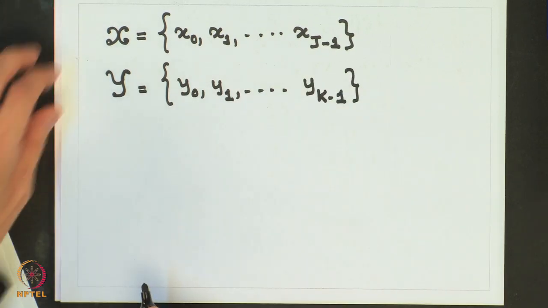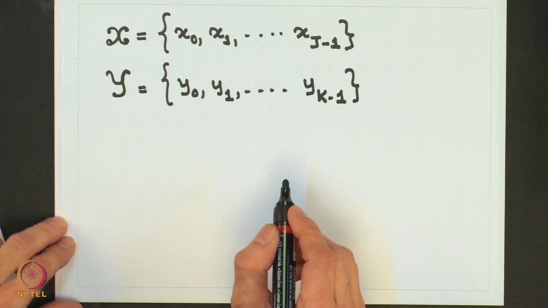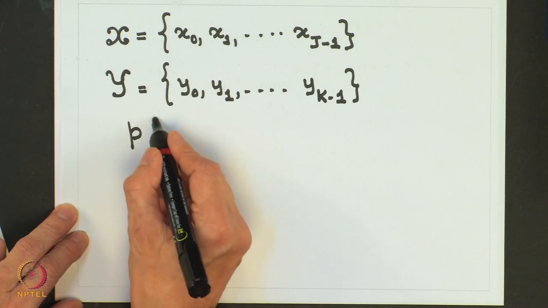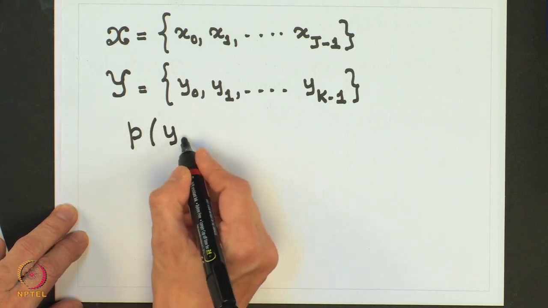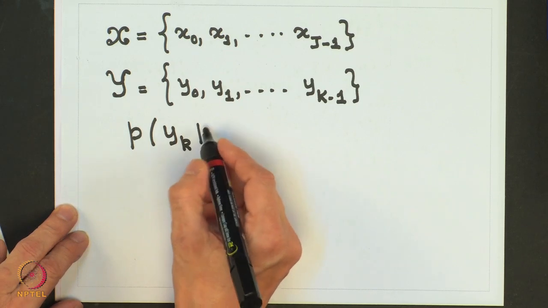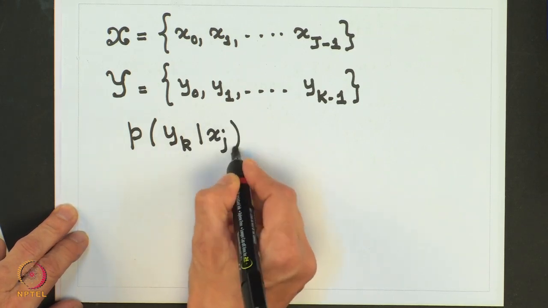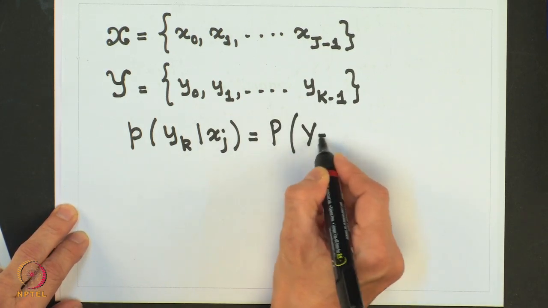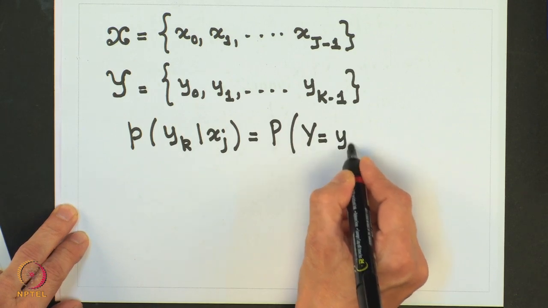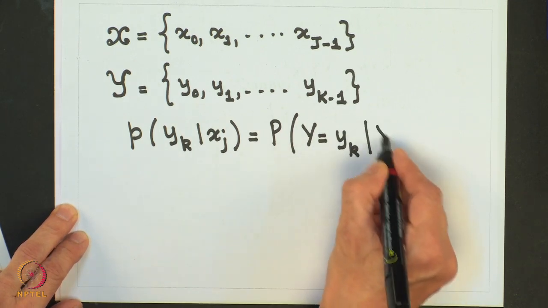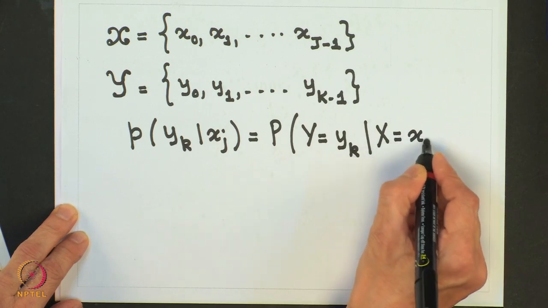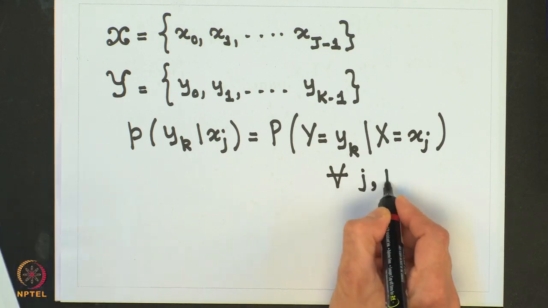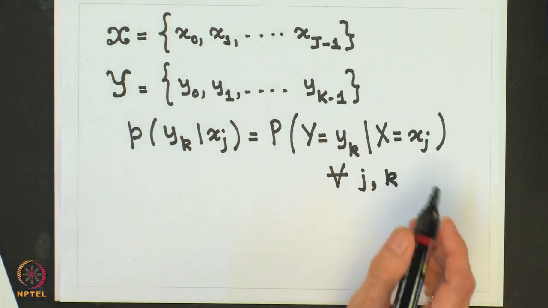So, the cardinality of the output alphabet is K, and we have the set of transition probabilities P(yk given xj), which is nothing but the probability of the output symbol being equal to yk given the input symbol is xj, for all j and k, correct.